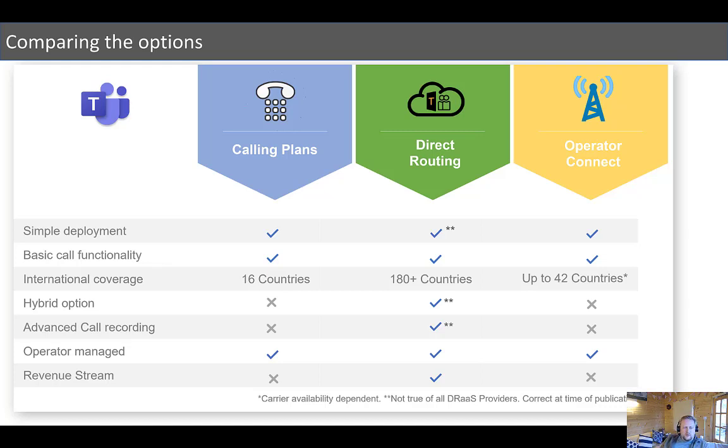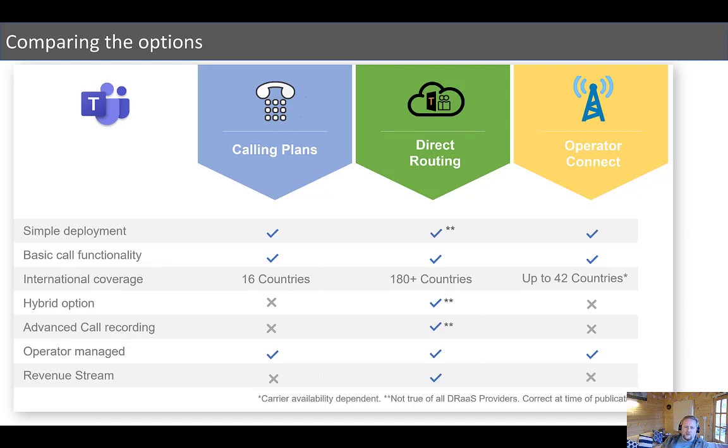So next up is what I've labeled the hybrid option. And direct routing really opened this up potentially to customers. And that was the ability to create something that was more than just a Microsoft calling plan. It was the ability to bring in an existing service, for example, an on-prem phone system or a cloud-based phone system, into Microsoft Teams and have the two of them working together.